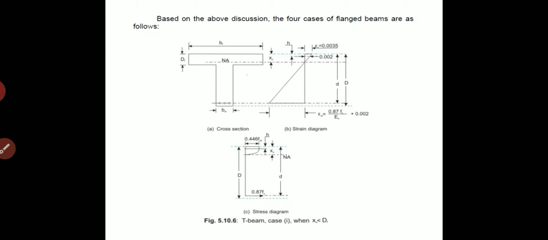In the T-beam, Df equals depth of flange, bf equals width of flange, and bw equals width of web. And in the stress diagram, maximum stress at the compression side is 0.446 fck and on the tension side 0.87 Fy.